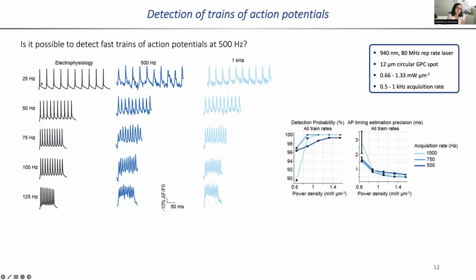So we induced these trains of action potentials from 25 Hertz to 125 and recorded with the same parameters. And what we could see was that even at 500 Hertz, we had more than 96% probability of detecting these action potentials. And also we had sub-millisecond estimation precision of the timing of the action potentials.